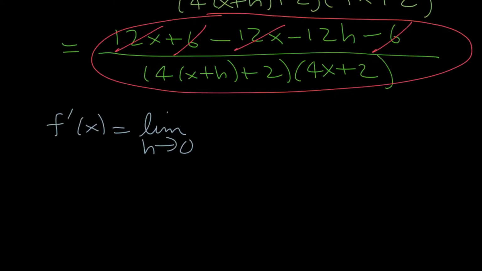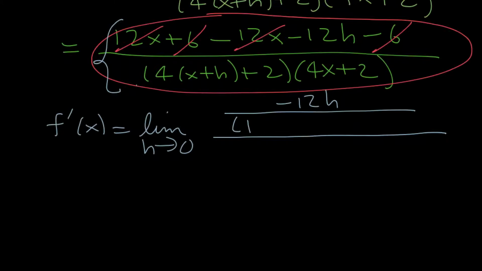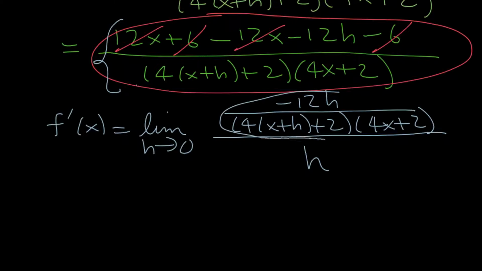Now let's return to the definition of the derivative, and remember that we get the expression f of x plus h minus f of x in the numerator, and that we've found to be minus 12h divided by 4 times the quantity x plus h plus 2 times 4x plus 2, and that's all divided by h. Now you remember that here we have a fraction, and we're dividing that fraction by h.